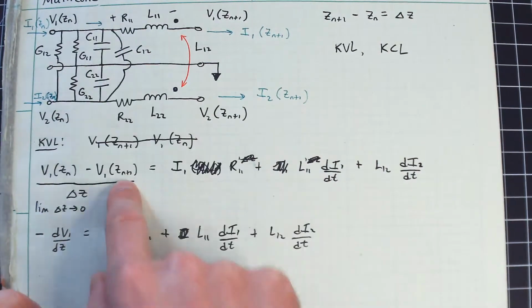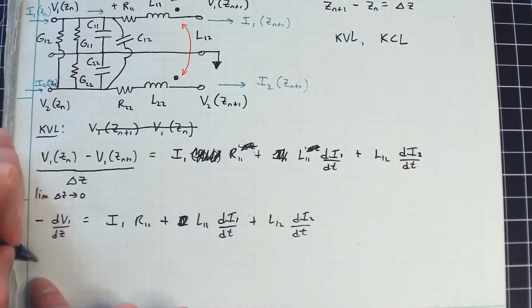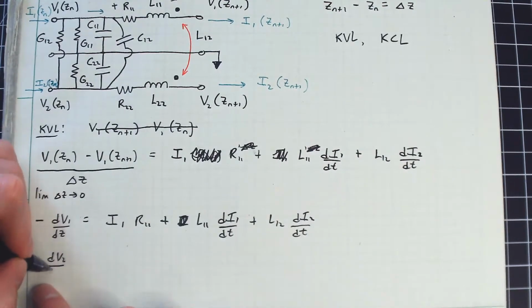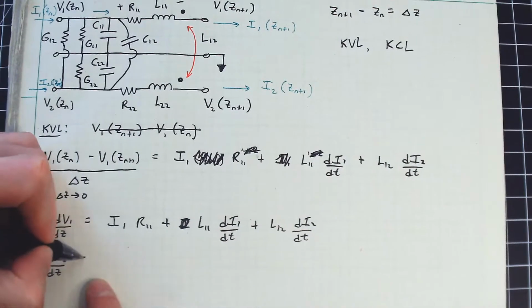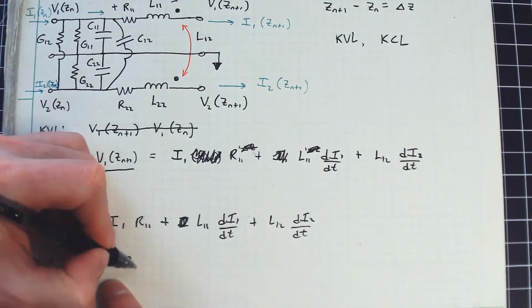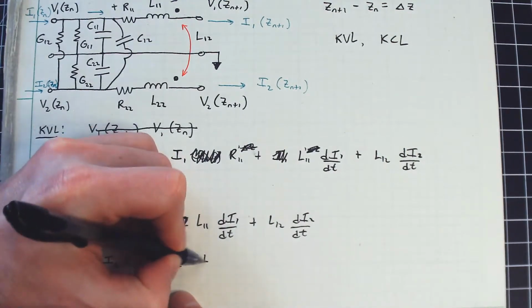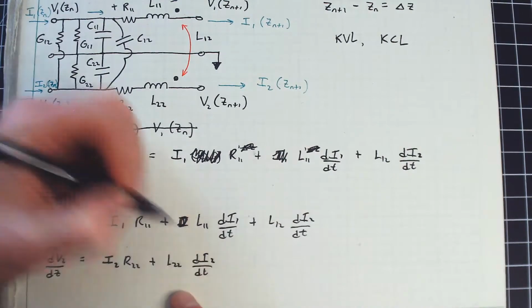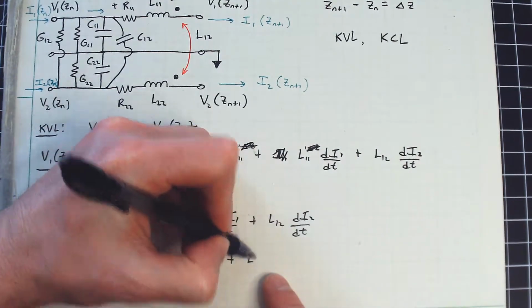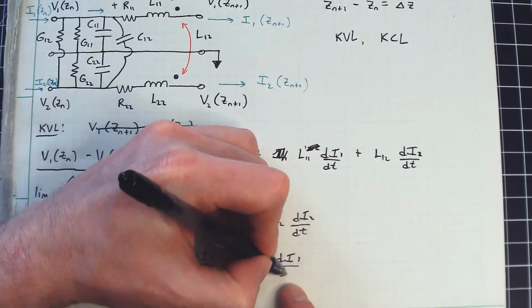And then by a similar argument, you do the same thing on line number 2 here, and you'll find that negative dv2/dz is going to give me I2 R22 plus L22 di2/dt plus L21 di1/dt.